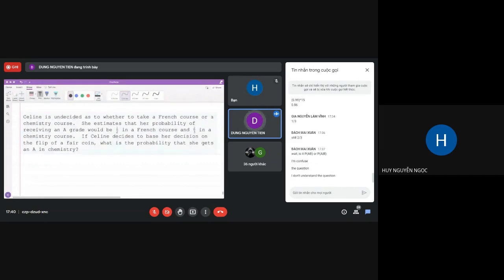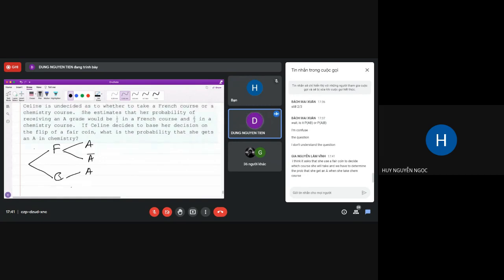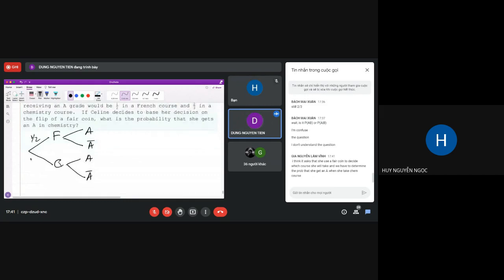Okay, so basically here, let F be the event that she takes the French course, C the event that she takes the chemistry course, and A the event that she gets an A, and A bar is not getting an A. The chance that she takes a French course is 1/2. The chance that she takes a chemistry course is 1/2. If she takes a French course, then the probability that she gets an A is 1/2, right?